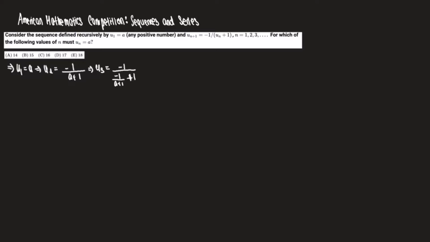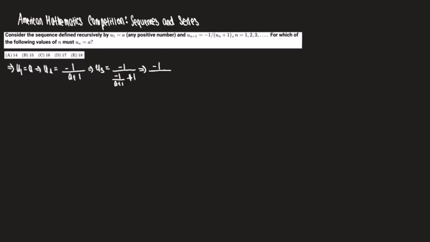But let's see if we can also see something else if we simplify it. So let's simplify this. It doesn't harm to simplify it because we still can go back to this if simplifying doesn't really work.